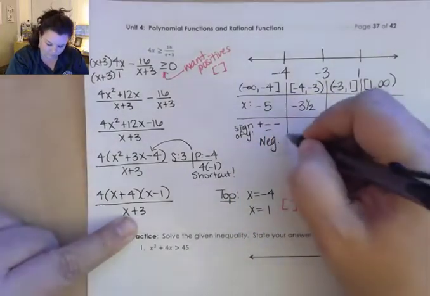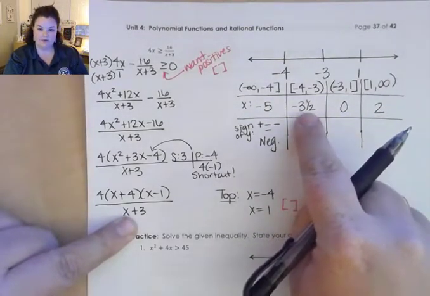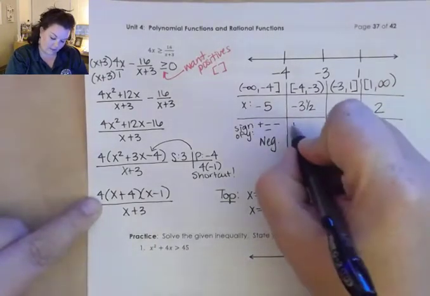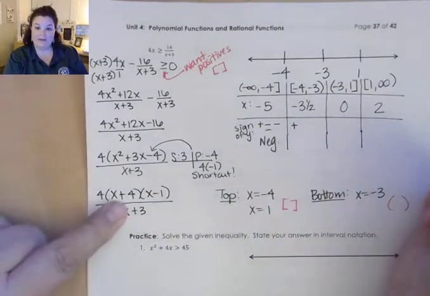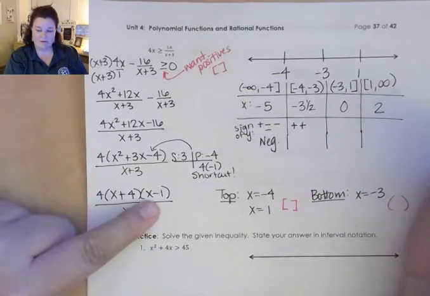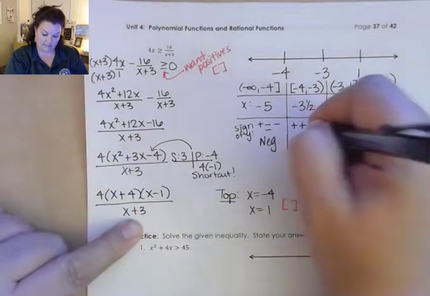Then I want to do the same thing for my next number. So -3.5, notice I already have this positive 4 out front. -3.5 plus 4 is going to be positive. -3.5 minus 1 is negative. And on bottom, -3.5 plus 3 is going to stay negative.